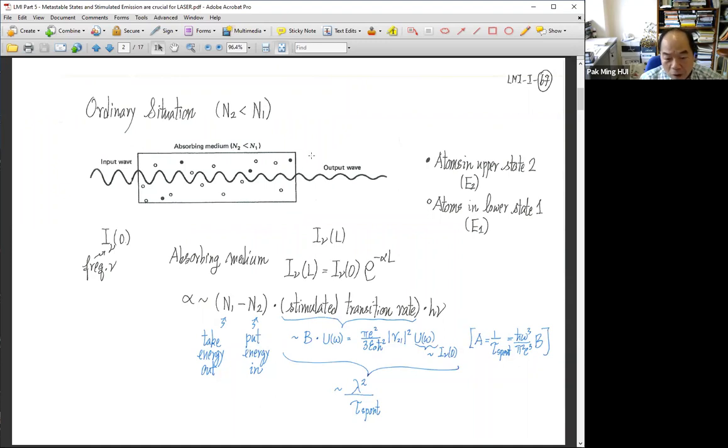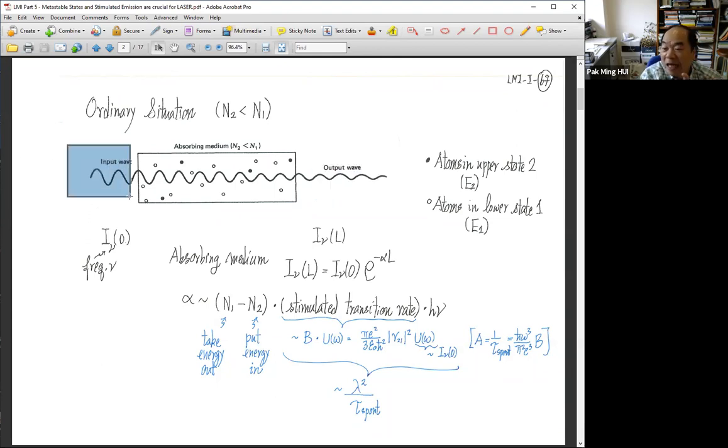And therefore, the outcoming beam will lose photons, each of this absorption, all right? So that's why in the cartoon, this is weaker in amplitude than that.